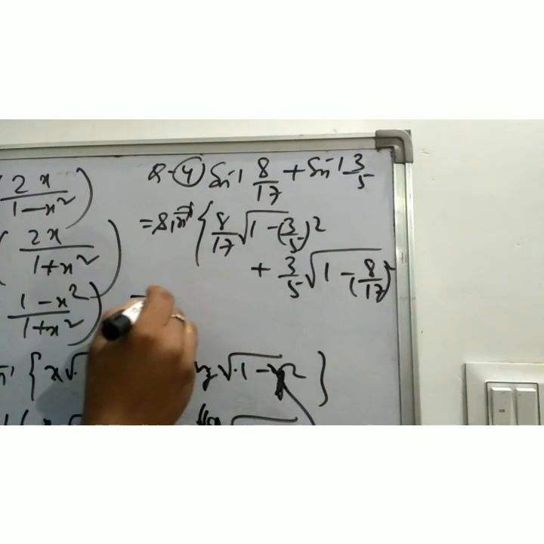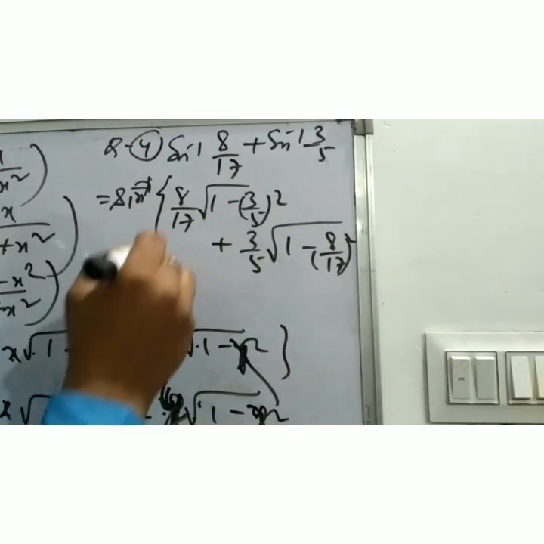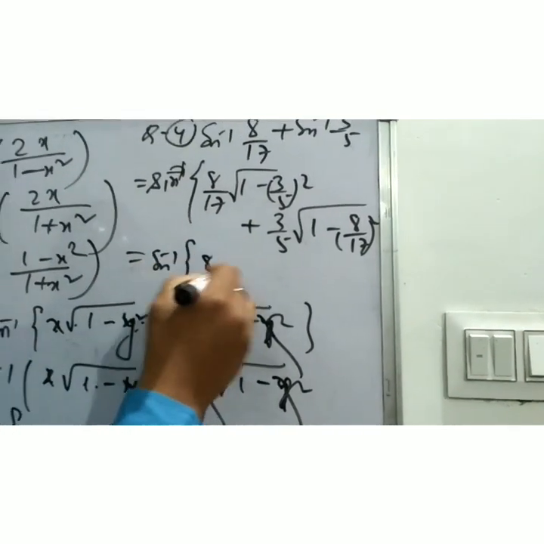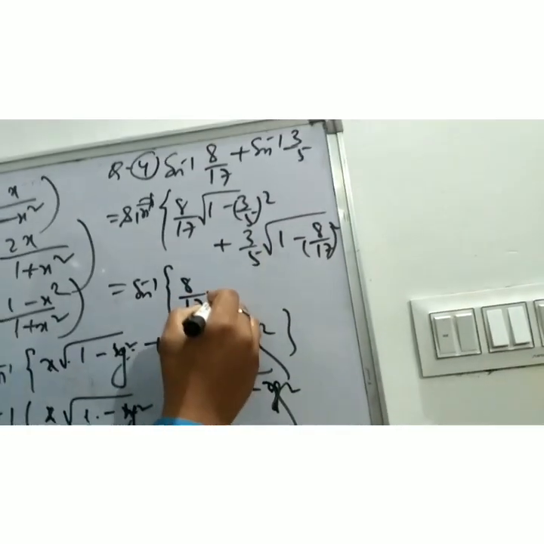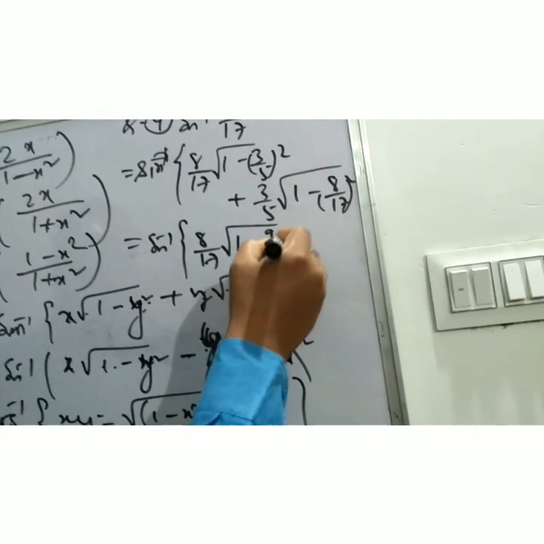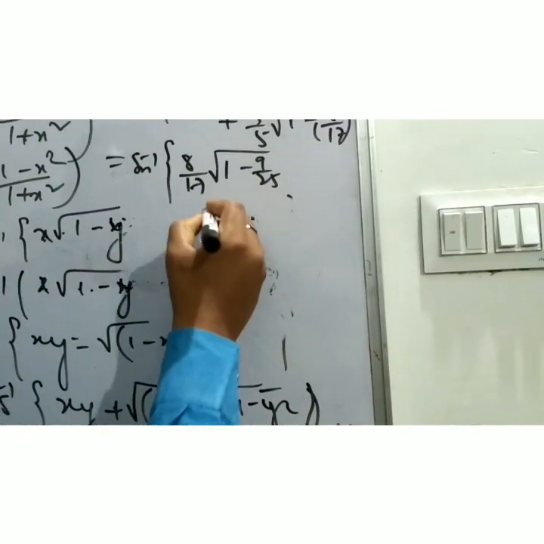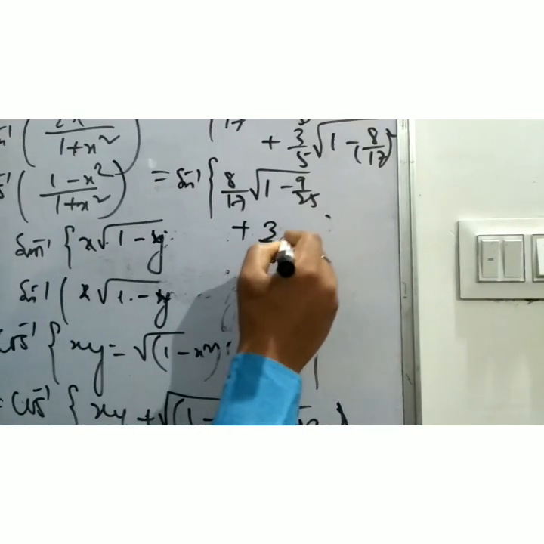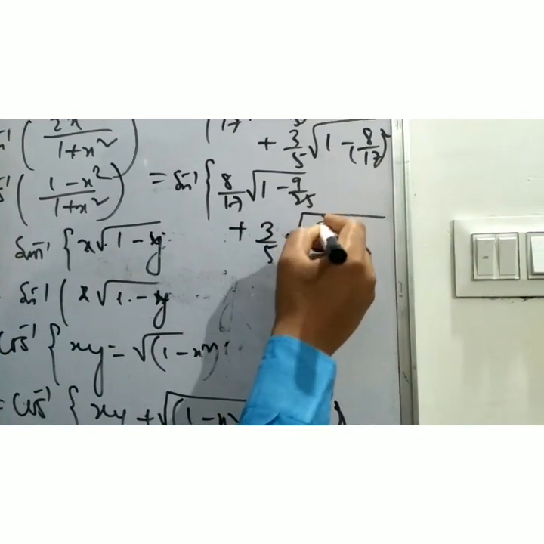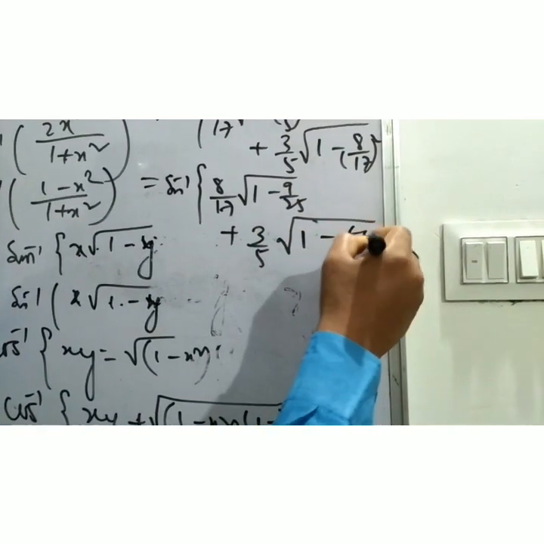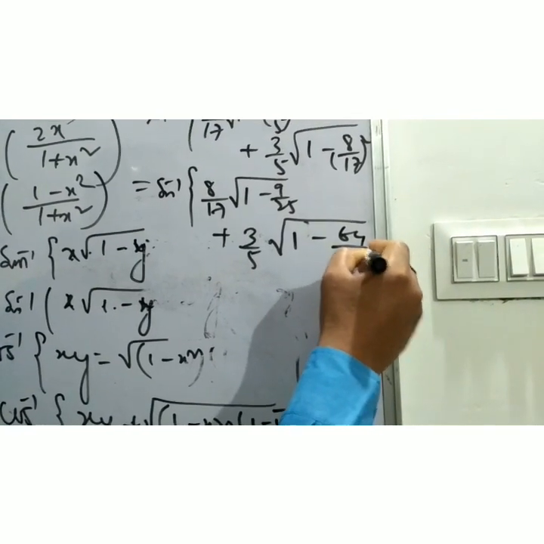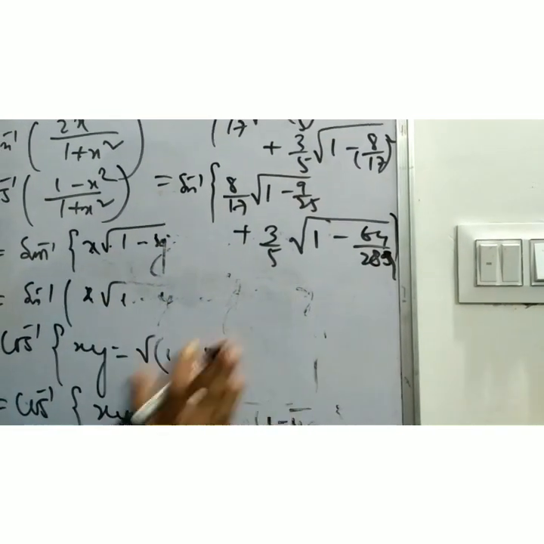That is equal to sin inverse of 8/17 into root over 1 minus 9/25, plus 3/5 root over 1 minus 64/289. Then what will you get now?